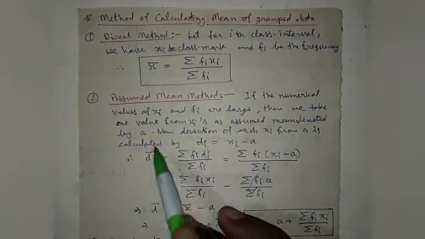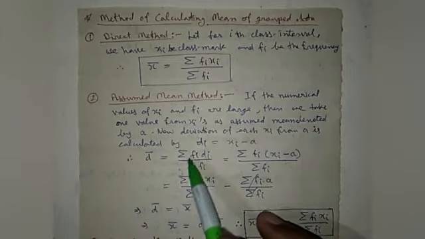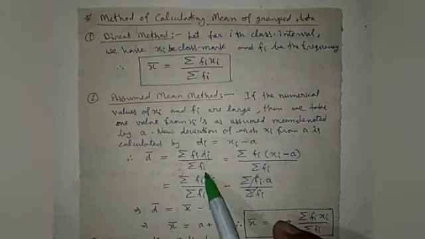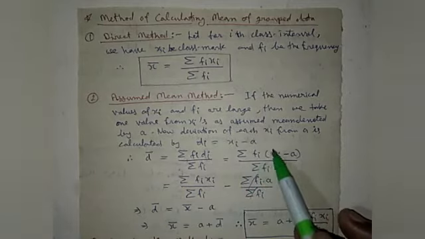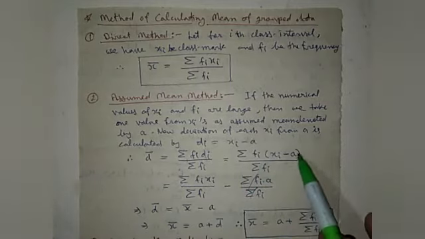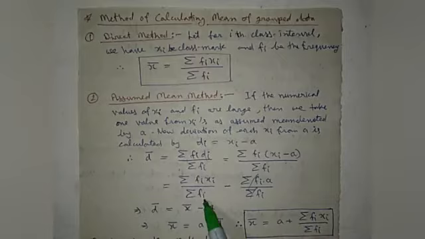Hence the mean of the deviation, d bar, is equal to sigma fi di divided by sigma fi. So it is the summation of fi into (xi minus a) divided by sigma fi. So we have sigma fi xi divided by sigma fi minus sigma fi into a divided by sigma fi. Here sigma fi cancels out.